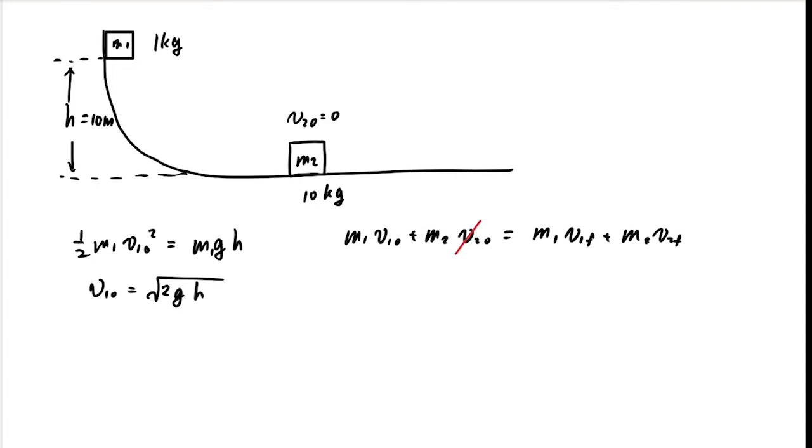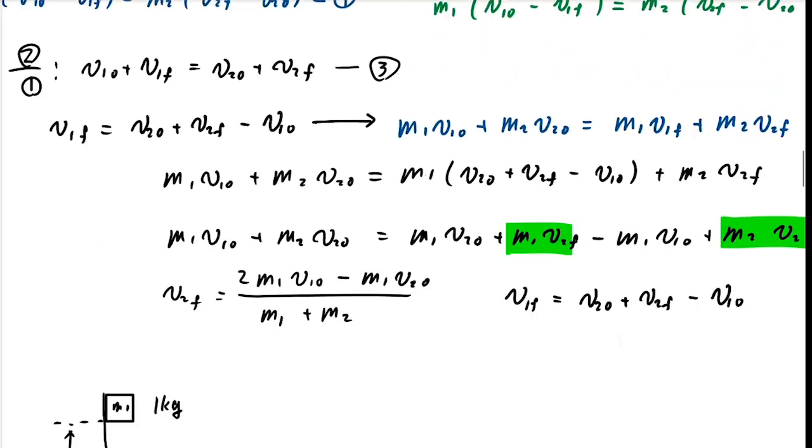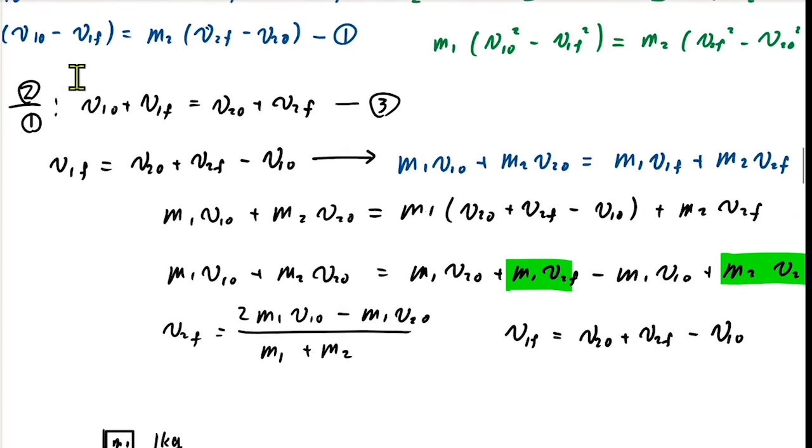This thingy is 0, so our life is slightly easier. In physics, if you keep everything in terms of variables, it doesn't matter which one you do first. You could have done this first, and instead of rederiving it, we're using this expression.